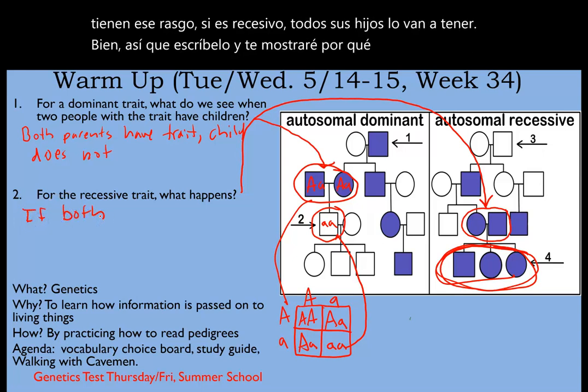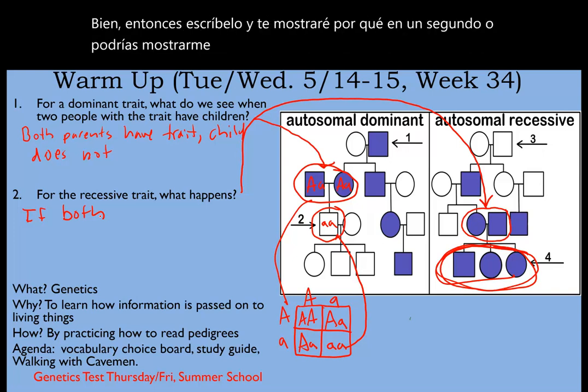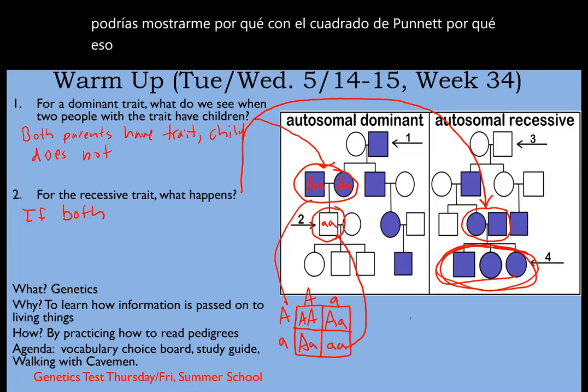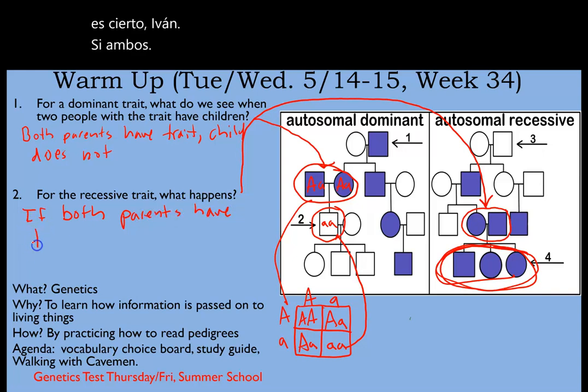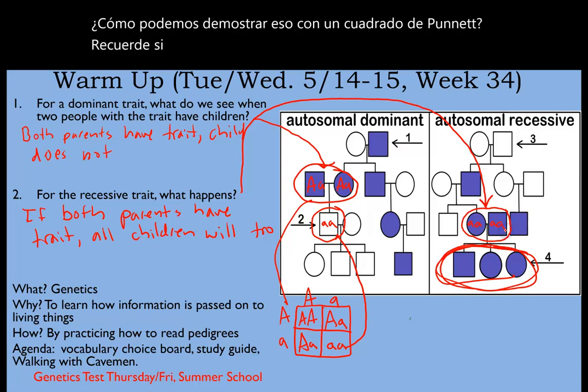Could you show me why with the Punnett square, why that's true? If both parents have trait, all children will too. Now, how could we show that with a Punnett square? Remember, if they are showing the trait, it means they have little a's.